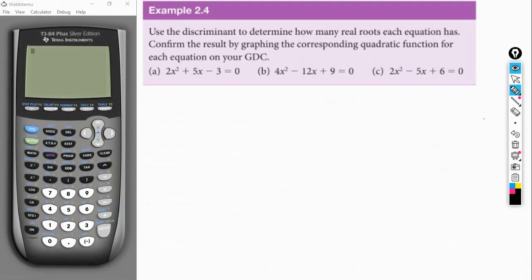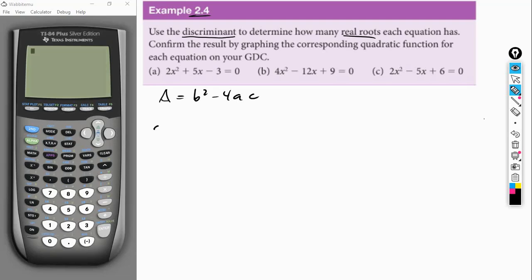So let's continue with example 2.4, and it says use the discriminant to determine how many real roots each equation has. Confirm the result by graphing the corresponding quadratic function for each equation on your GDC. So let's recall that the discriminant is going to equal b squared minus 4ac.